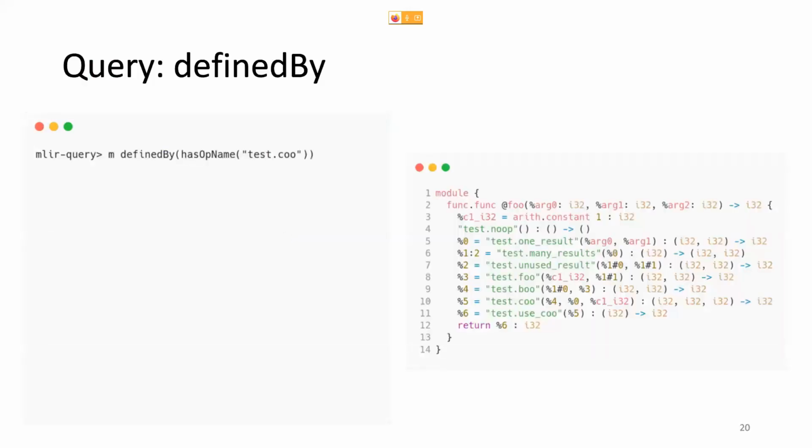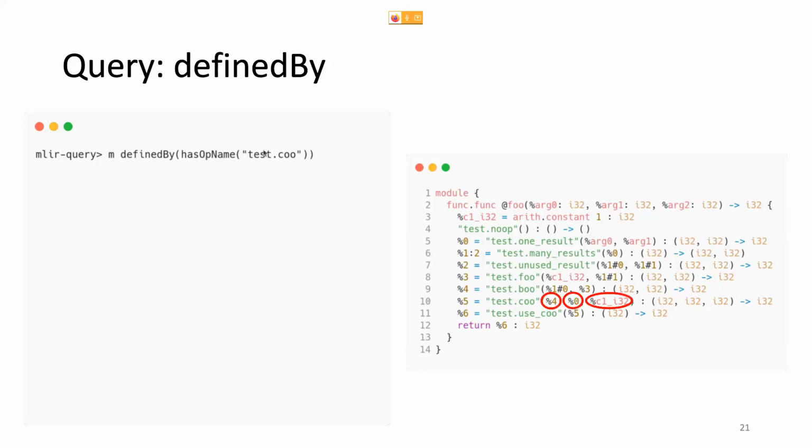So now coming to slightly more complicated queries defined by. Let's first go through how defined by query works. So defined by has op name test.q.